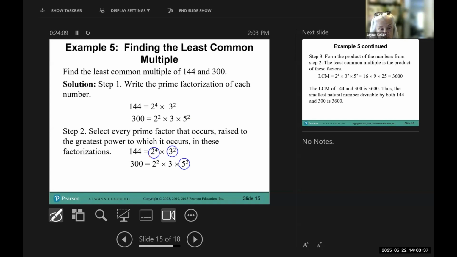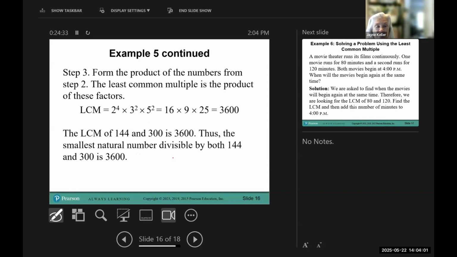So here, if I take 2 to the 4th, notice that that takes care of the 2 squared because that's in here. There's already 2 of them. If I have 4, I definitely have 2. And this 3 is taken care of here because I have a 3 squared. And then I need the 5 squared. So I'm just going to multiply 16 times 9 times 25, which gives me 3,600. So the least common multiple of 300 and 144 is 3,600.